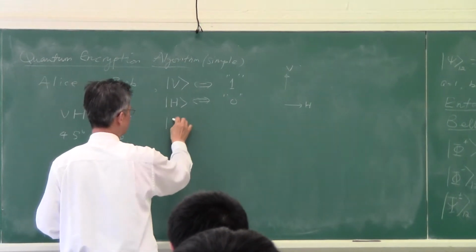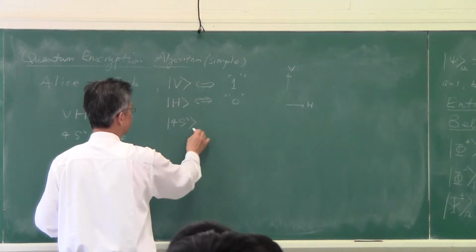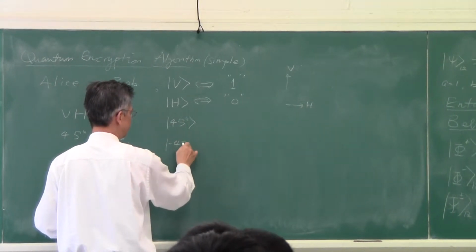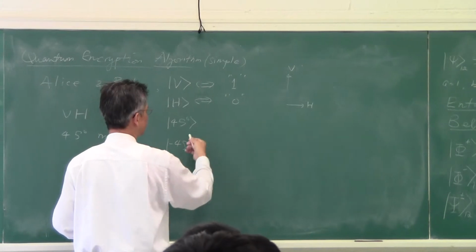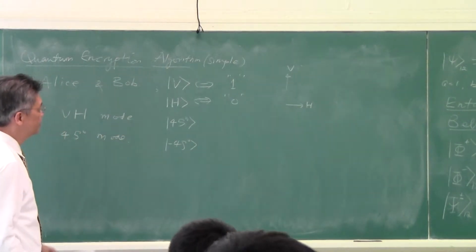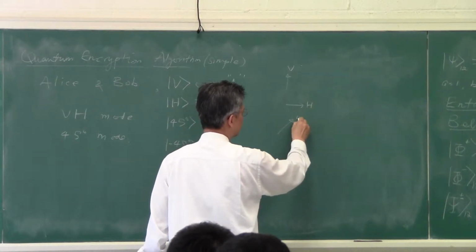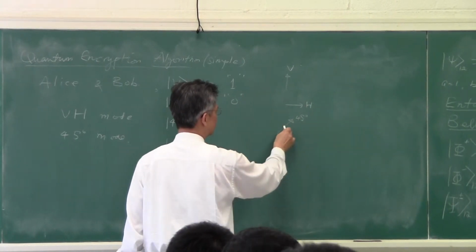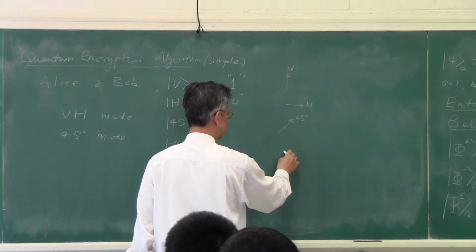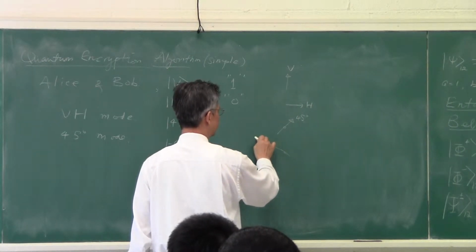Then you essentially have plus 45 degrees polarization and minus 45 degrees polarization. In this mode, the photon is polarized in this direction. In the other mode, the photon is polarized in this direction.